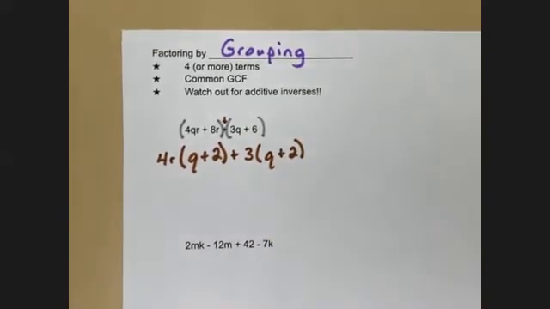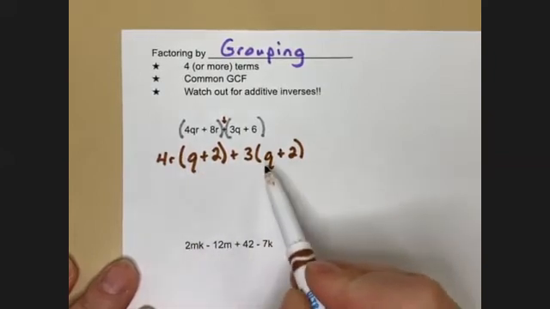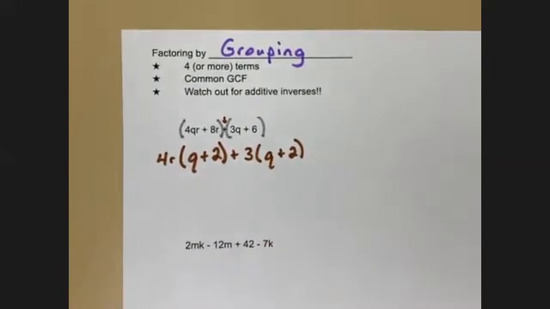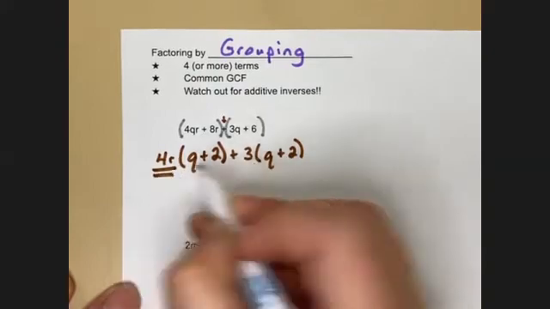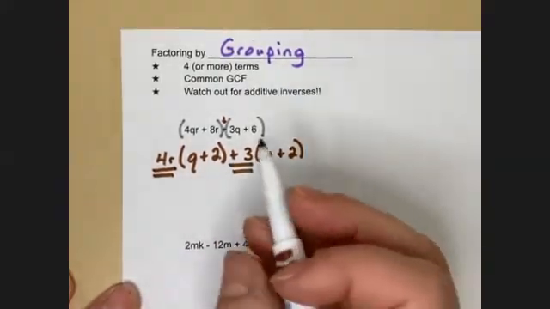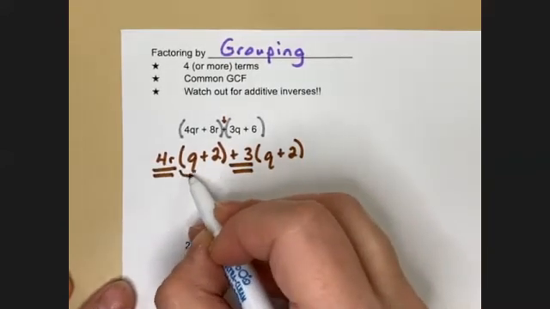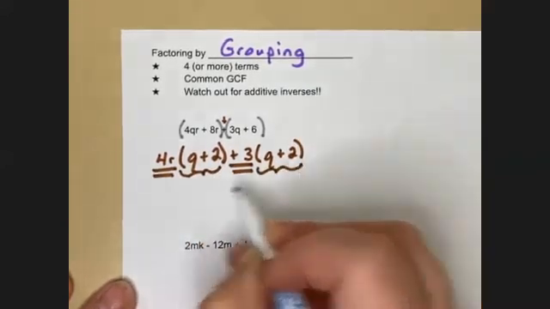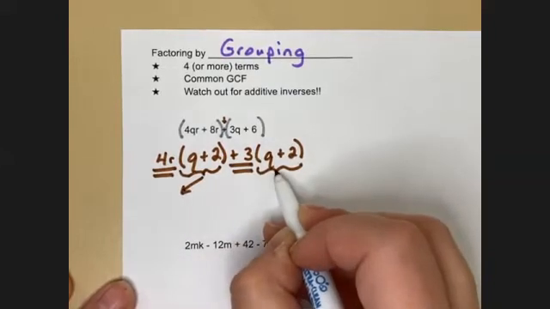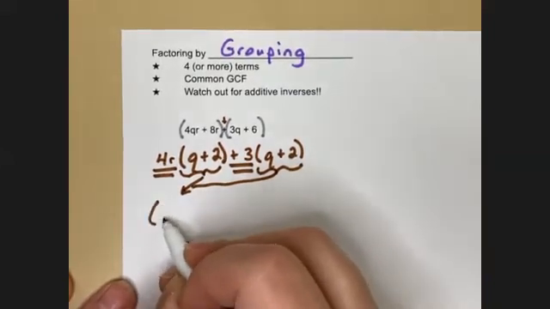Now, hopefully, you can see that this is Q plus 2 and this is Q plus 2. And that's the point, is I want my common GCF to be a polynomial that's exactly the same. And so when I do that, first of all, I'm going to take the Q plus 2 and I'm going to pull those together as my GCF.